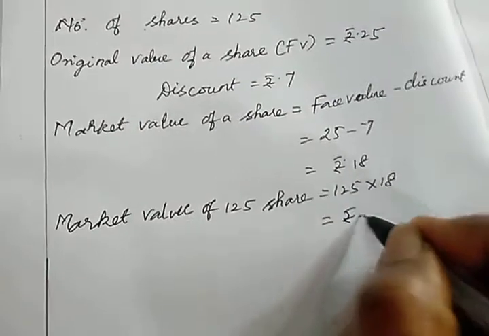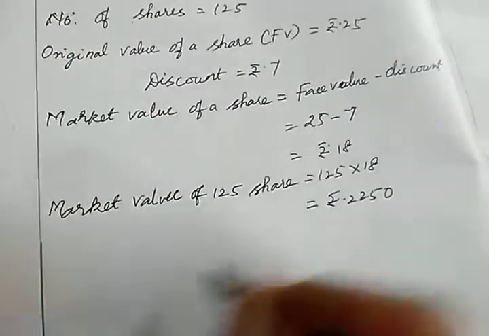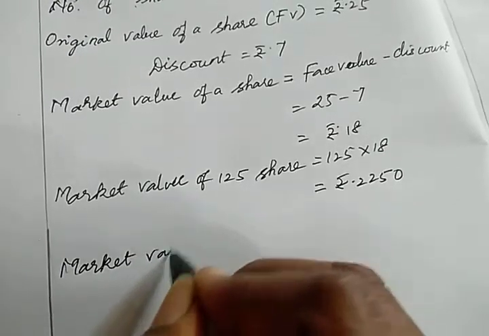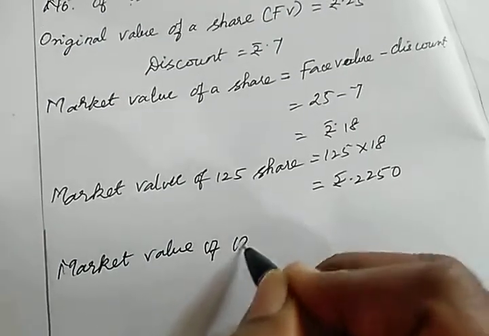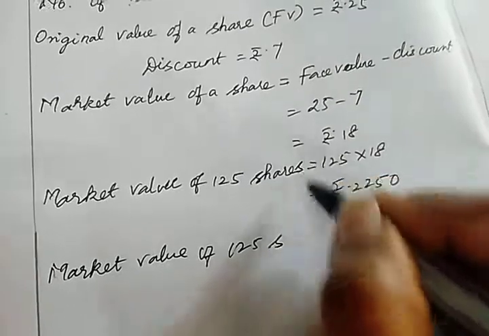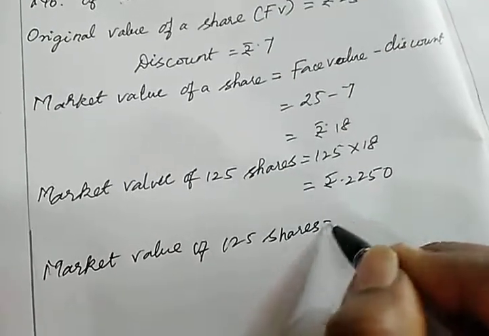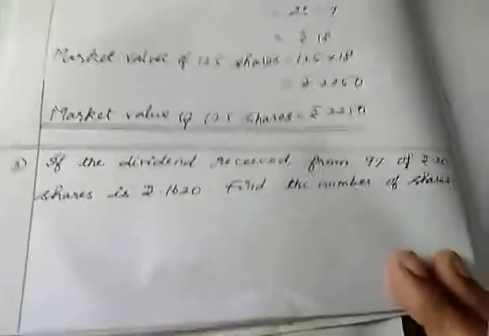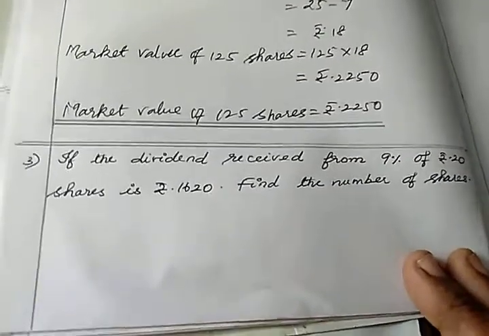So rupees 2,250. What is it? This is the market value of 125 shares, equal to rupees 2,250. Let us move on to sum number 3.